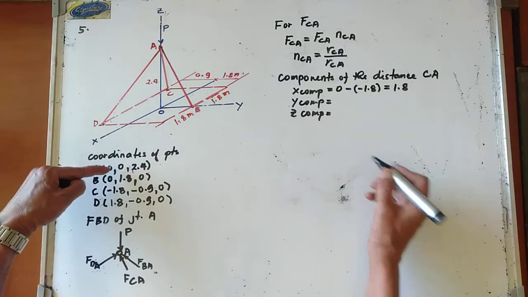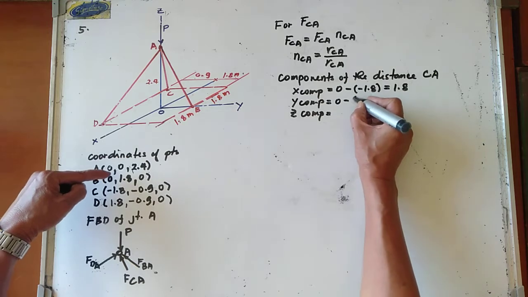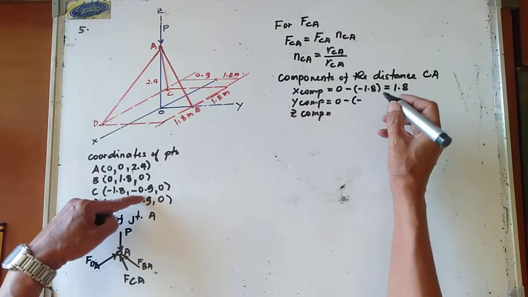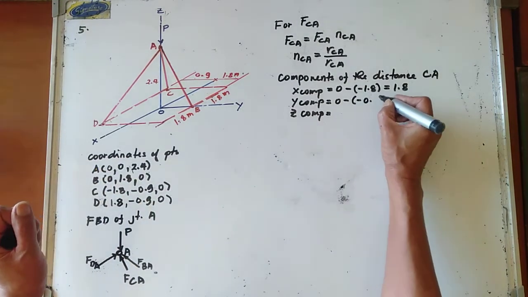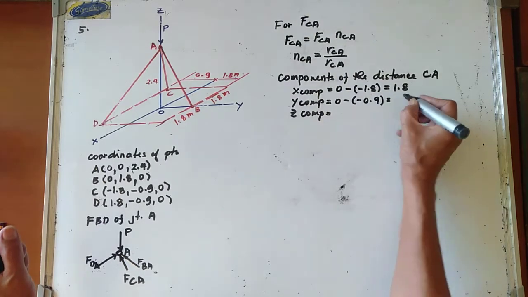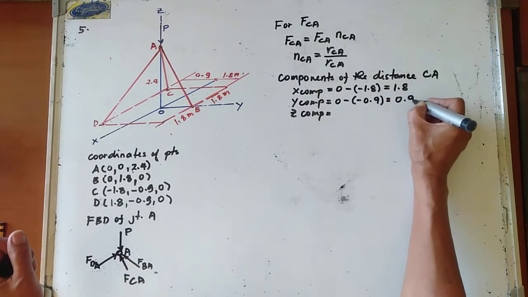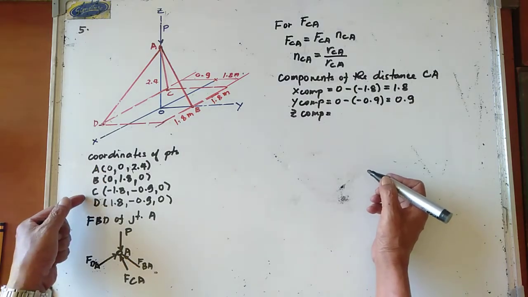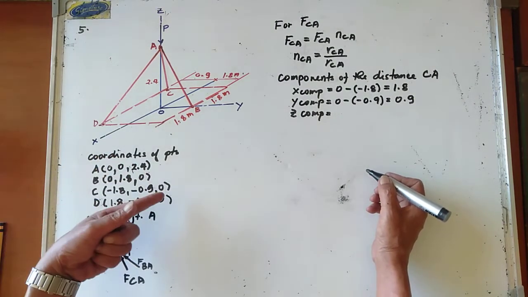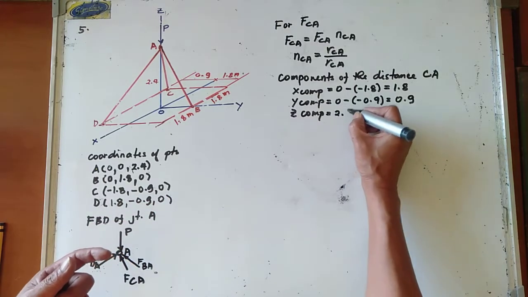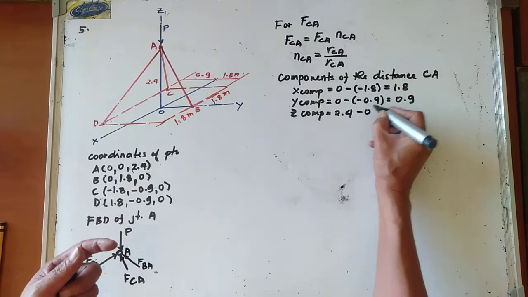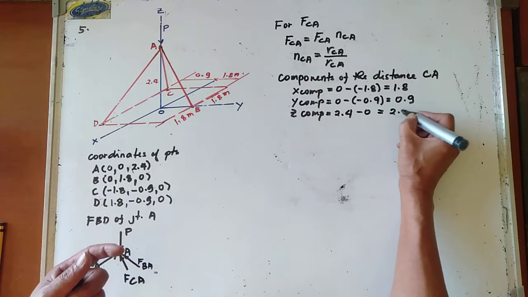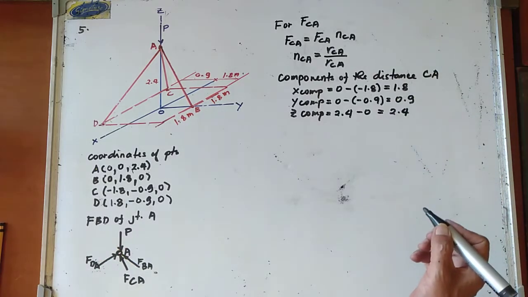Then 0 minus negative 0.9, which is positive 0.9. The z component is 2.4 minus 0, which is 2.4.